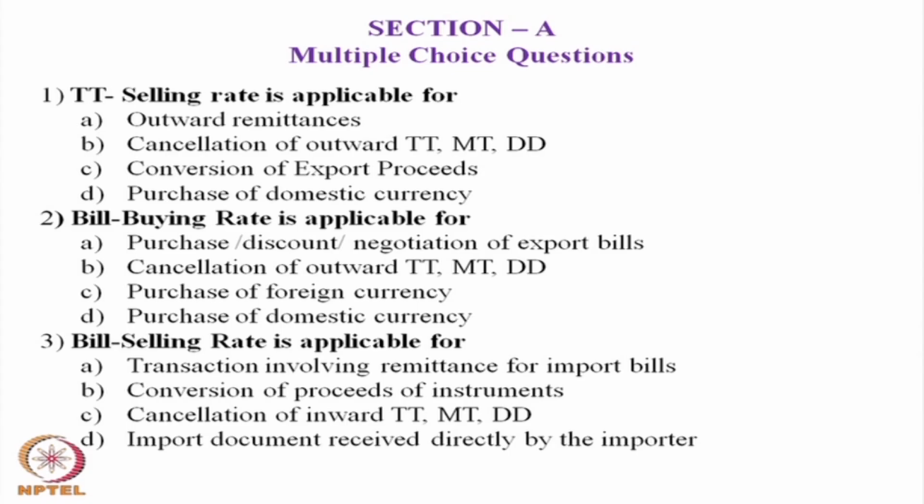When you need foreign exchange, you go to the bank and ask for TT selling rate. You want to send dollars from India to Canada, you go to the bank, ask for TT selling rate. So, you sell a TT. Answer is A, outward remittances.